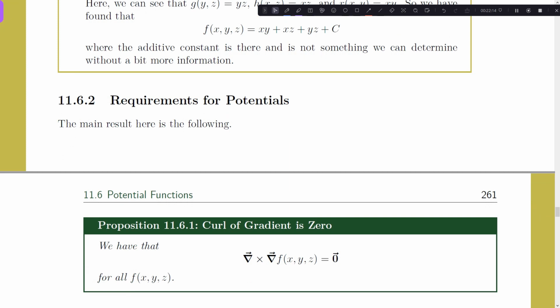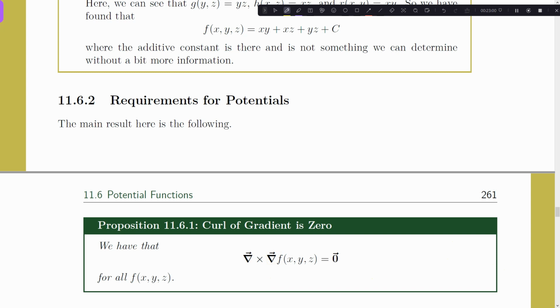Something that's really important to note is that if v equals gradient of f, then we have this nice property that the curl of the gradient is 0. But this is true only if v is a gradient. So it turns out that the curl of any vector field which has a potential is 0.